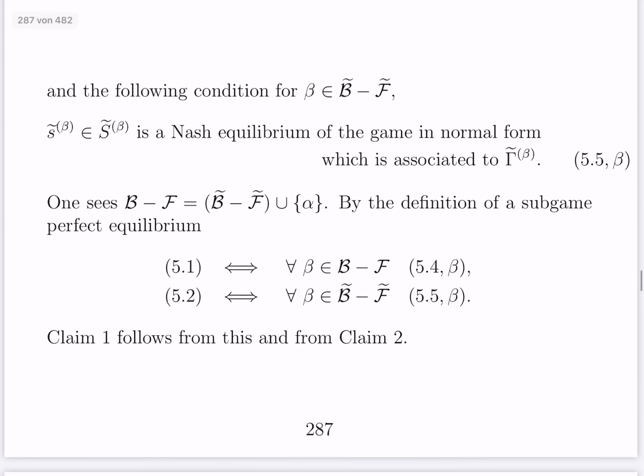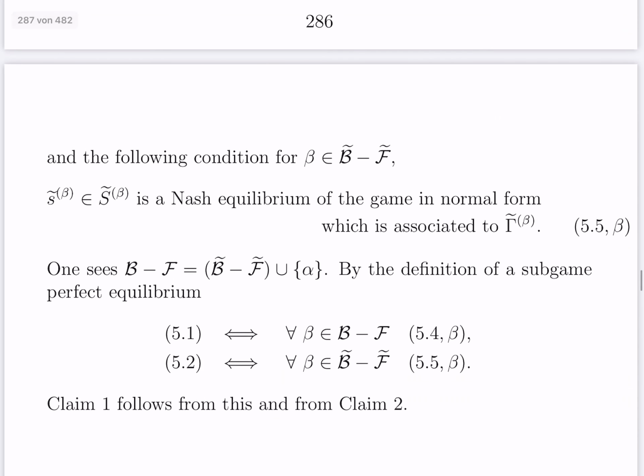You recall that claim 1 says 5.1 is equivalent to 5.2 and 5.3. And 5.1 is now the bunch of all the conditions 5 for beta. 5.2 is the bunch of all the conditions 5 beta. So now we have to compare on the one side the bunch of all conditions 5 for beta, and on the other side the bunch of all conditions 5 beta together with 5.3. And claim 2 makes this comparison.